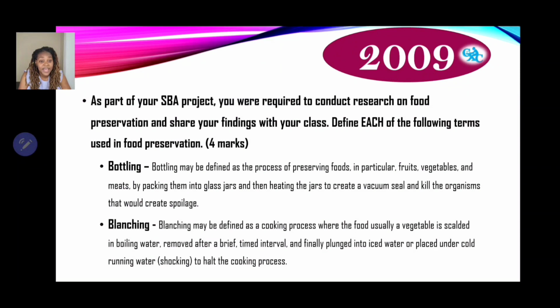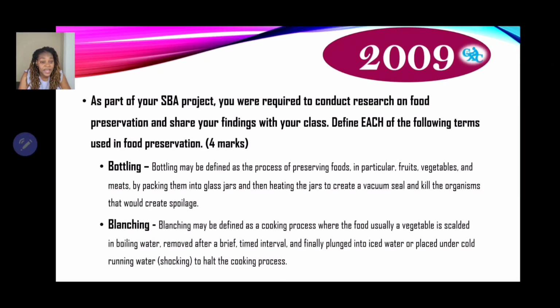Bottling may be defined as the process of preserving foods, in particular fruits, vegetables, and meats, by packing them into glass jars and then heating the jars to create a vacuum seal that kills the microorganisms that would create spoilage. Good. Let's go again.